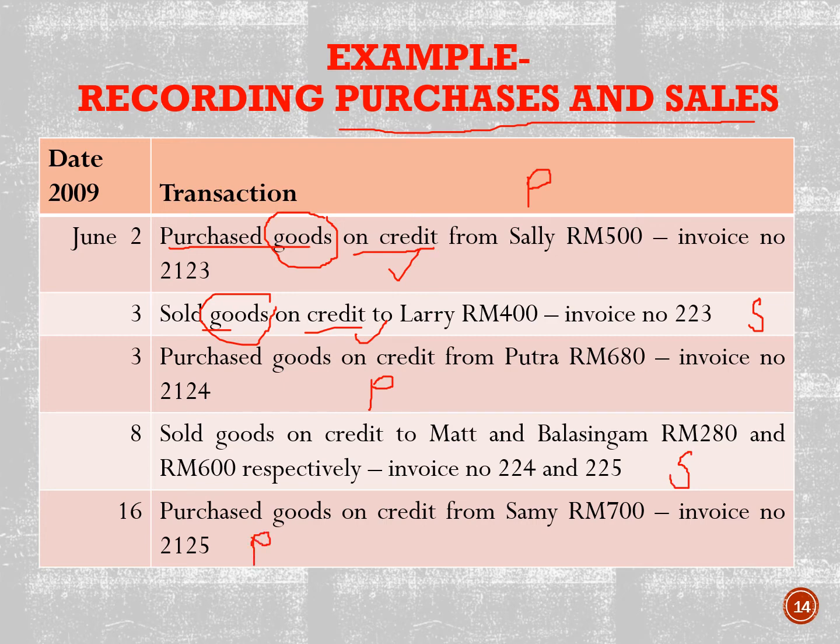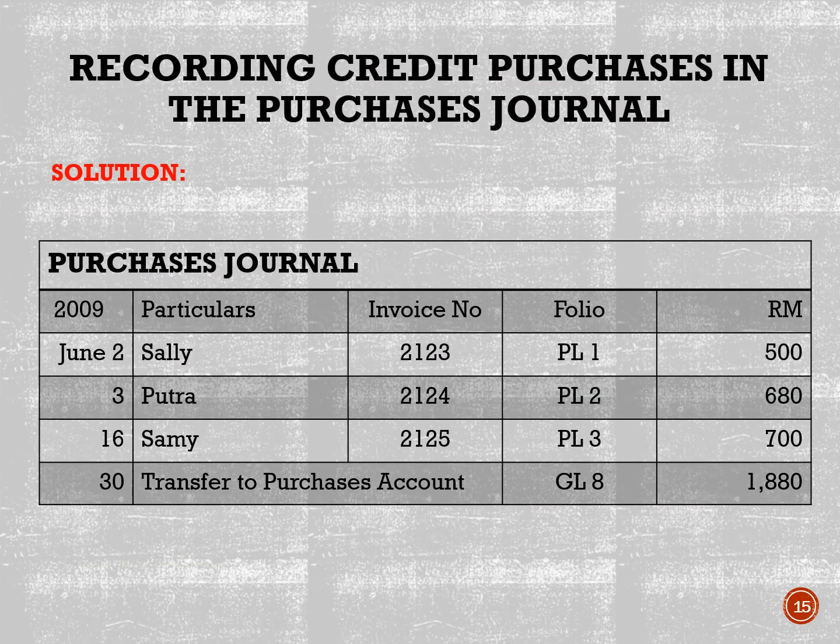Okay, so kita kena classify dulu item tu. Kalau you dapat soalan, you just put here as purchase ke, sale ke, return outward ke, return inward ke. So senang you nak masukkan dalam journal and then post to ledger. Okay, so tadi kita dah classify what is the purchase.